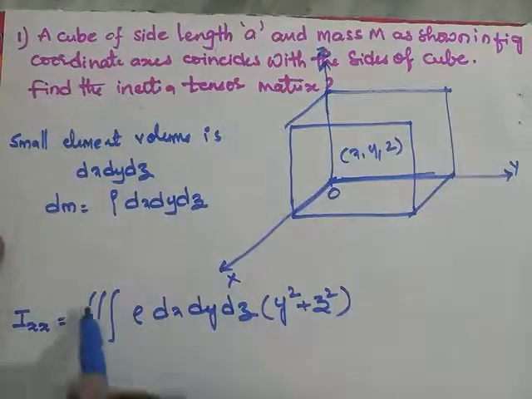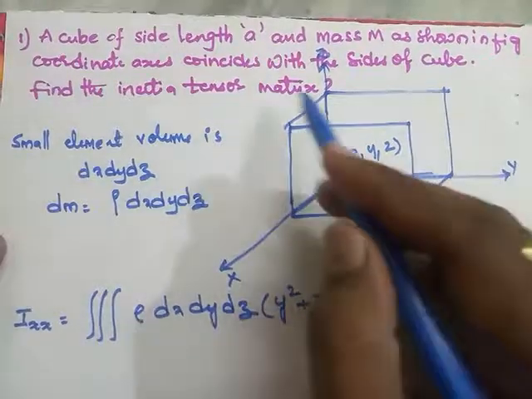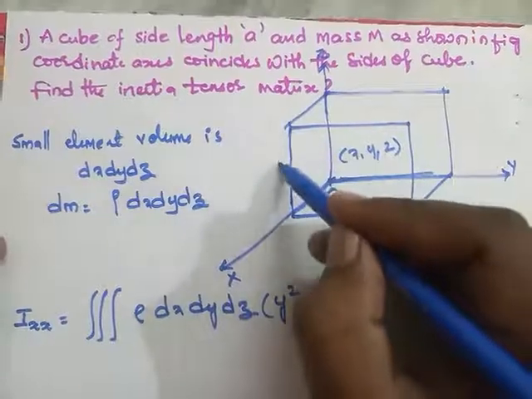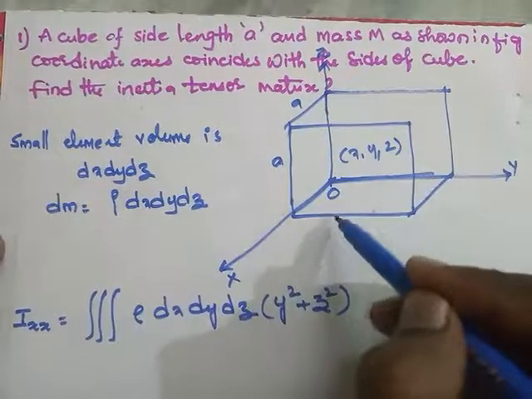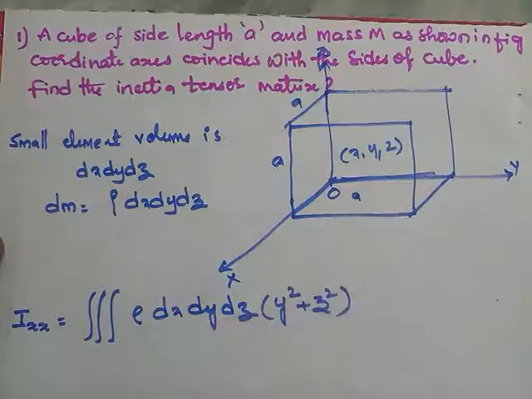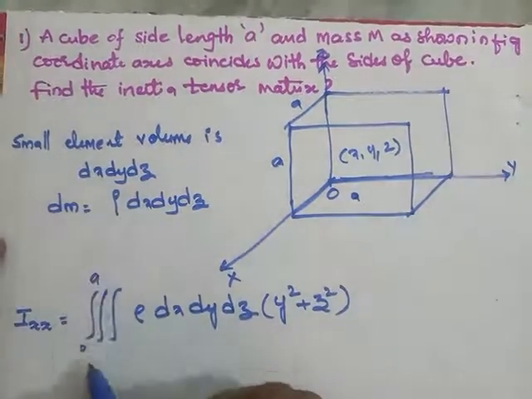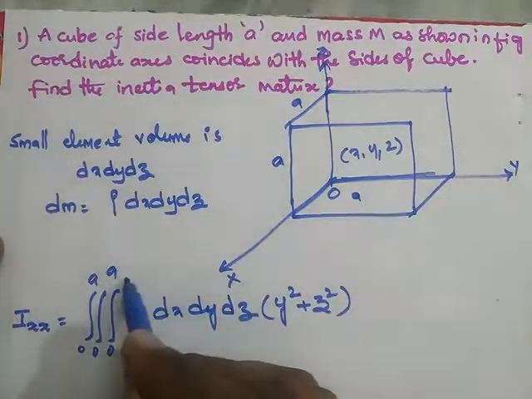What are the limits here? The length of each side is a, so the limits go from 0 to a, 0 to a, 0 to a.